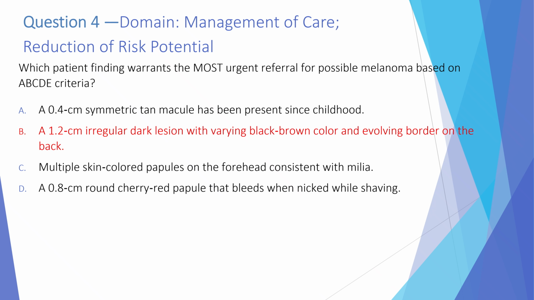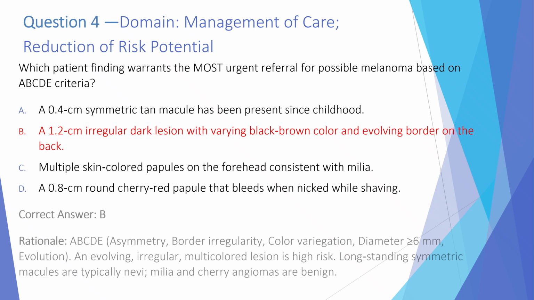So the correct answer is the 1.2 centimeter irregular dark lesion with varying black-brown color. The rationale on A, B, C, D, E: asymmetry, border irregularity, color variegation, diameter, evolution.